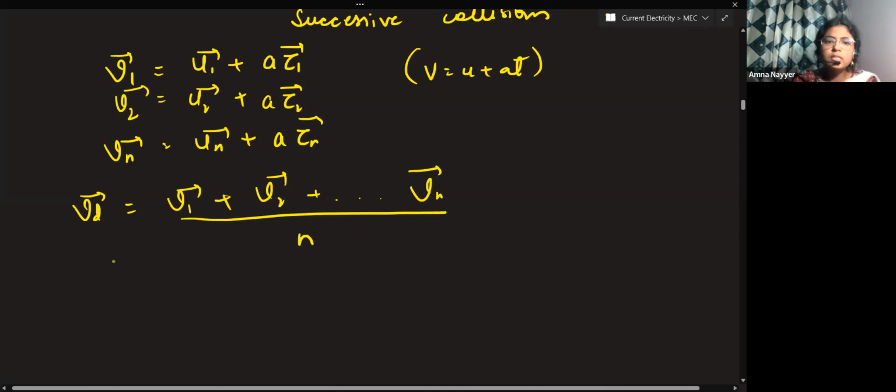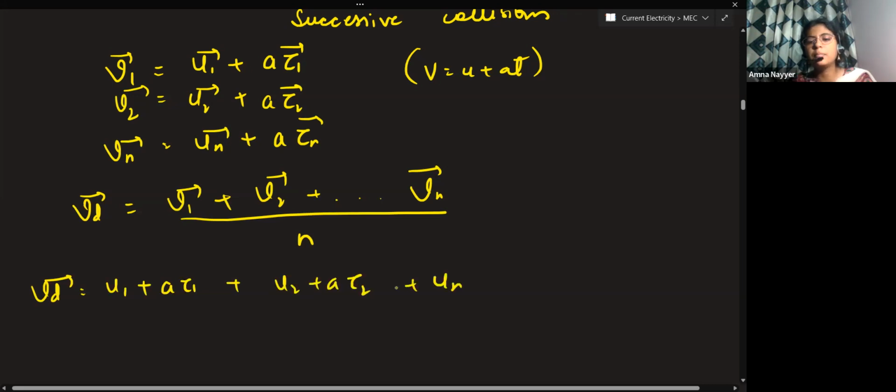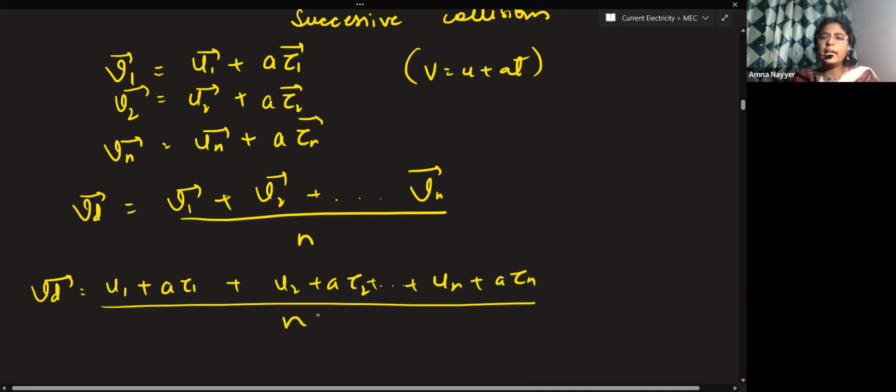Now put all these values in here. Vd, V1 will be U1 plus A tau 1, plus U2 plus A tau 2, plus up till Un plus A tau n, divided by n. Now let me separate U terms together and A terms together and T terms together.